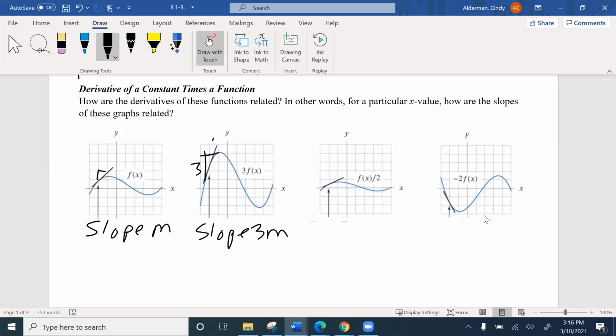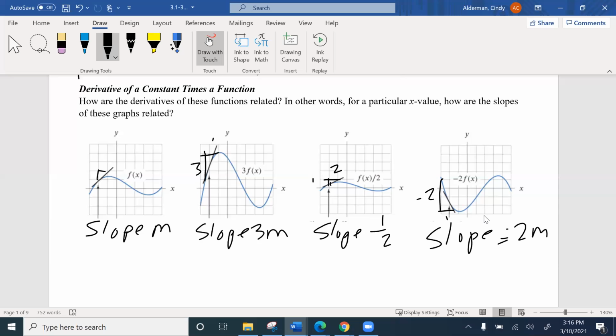So in that case, the slope is 3m. Here, the slope is 1/2 m, because notice you're going up 1 and over 2. So the slope here is 1/2. Same thing here, we've got slope equal to negative 2m. And I'm getting that from just finding 2 points on the graph. I know I'm going a rise of 2 and a run of 1.